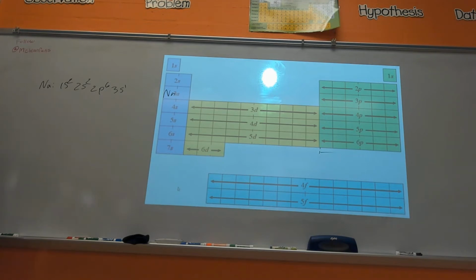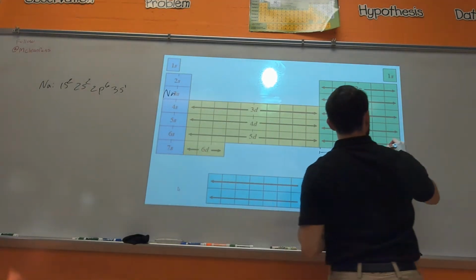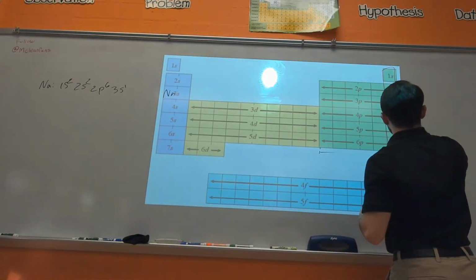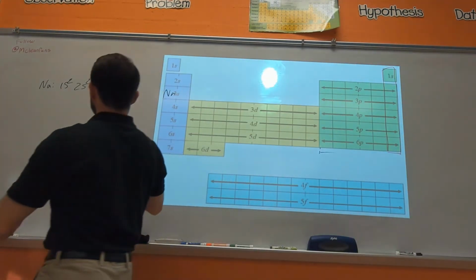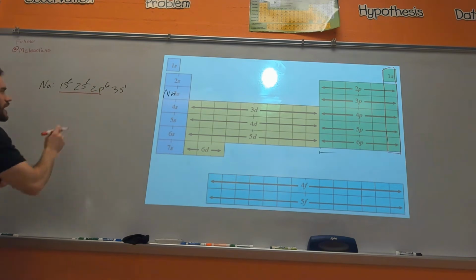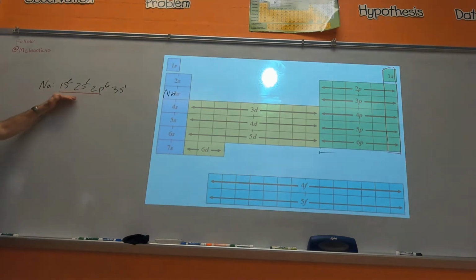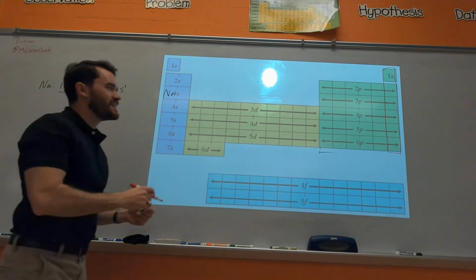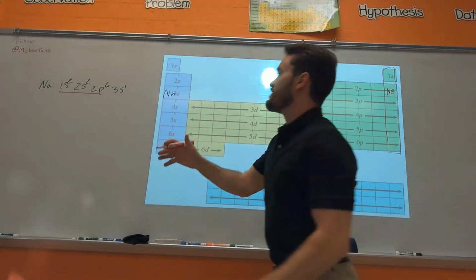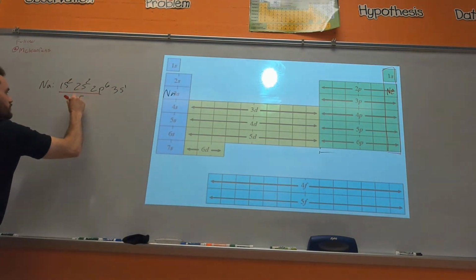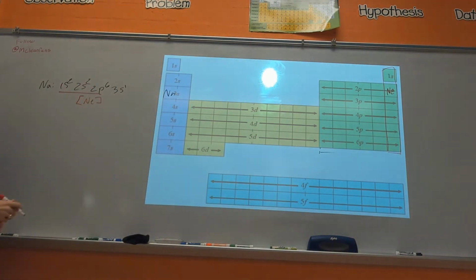You can. There's something called the noble gas notation. These are the noble gases right here, the very last column. The shortcut is, if I put brackets, instead of having to write all of this, 1s2, 2s2, 2p6, that was the warm-up, that was neon here, I could just write brackets, neon.